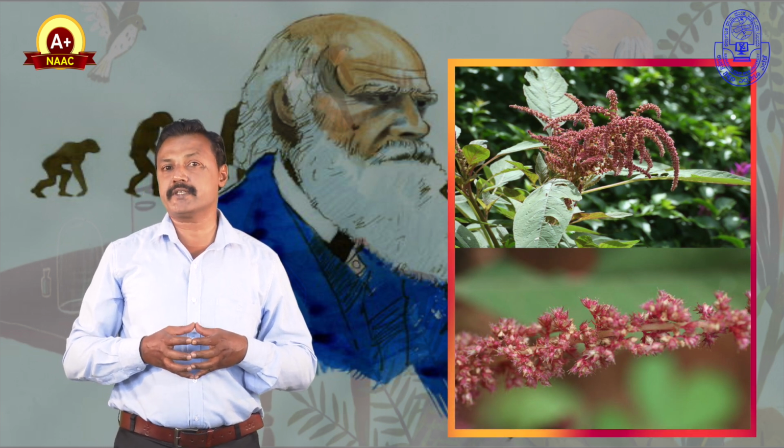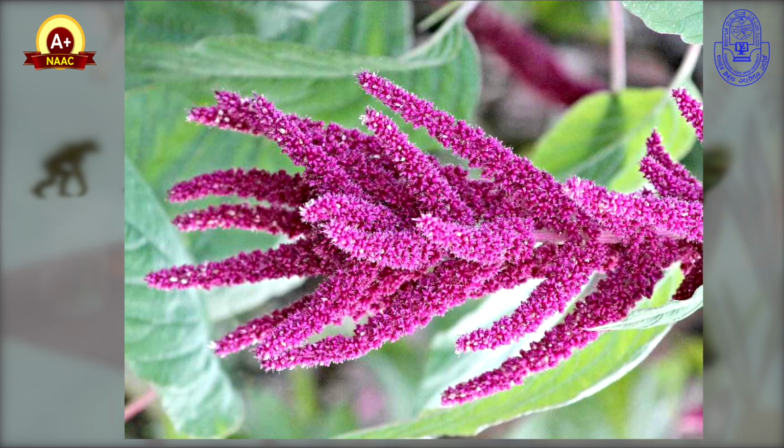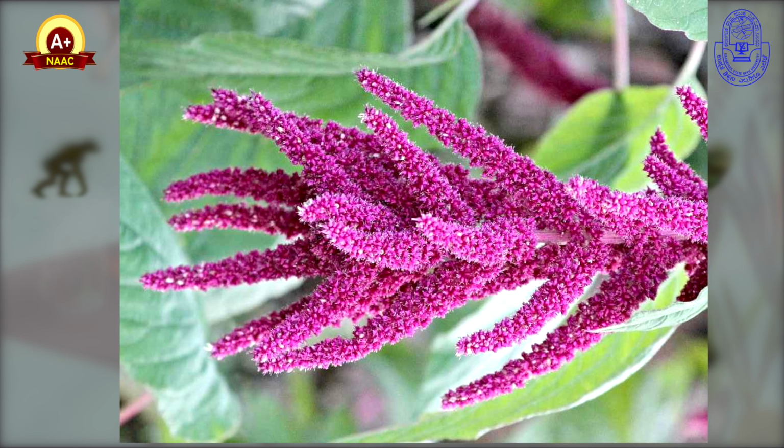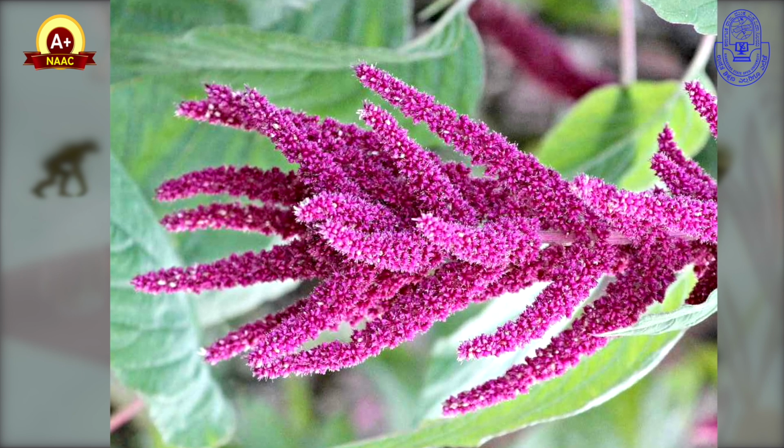Not only in animals but also in plants, the amaranthus produces millions of seeds that disperse in a given area. If all of these seeds sprout and disperse their seeds, they would cover the whole area of the earth.